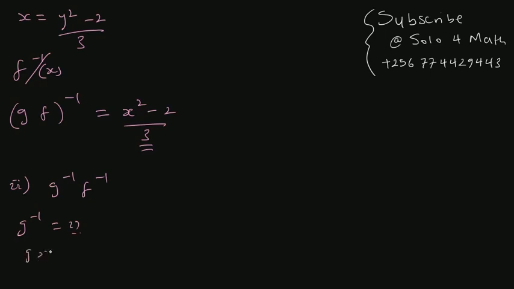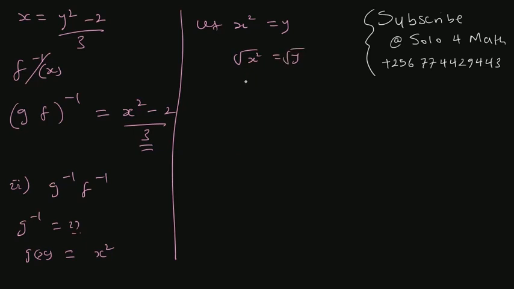We have our g(x) given as x squared. We begin by letting that function be equal to y. So if it is y, make x the subject by square rooting both sides. We have x equal to the square root of y. So our g inverse of x is equal to, we change this to x, the square root of x.